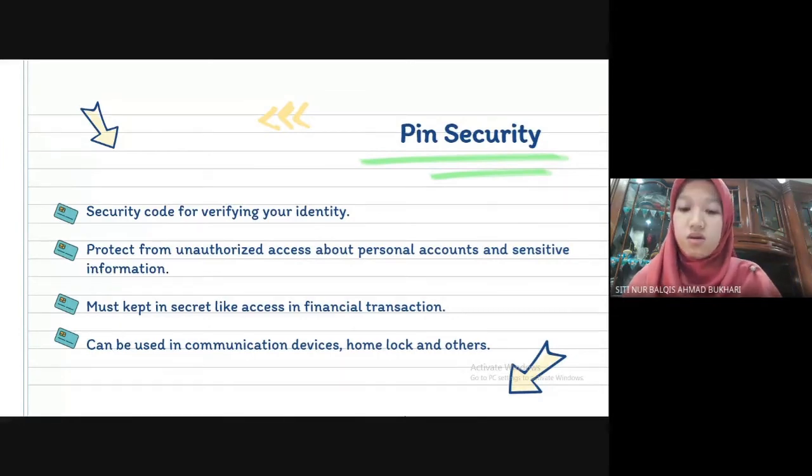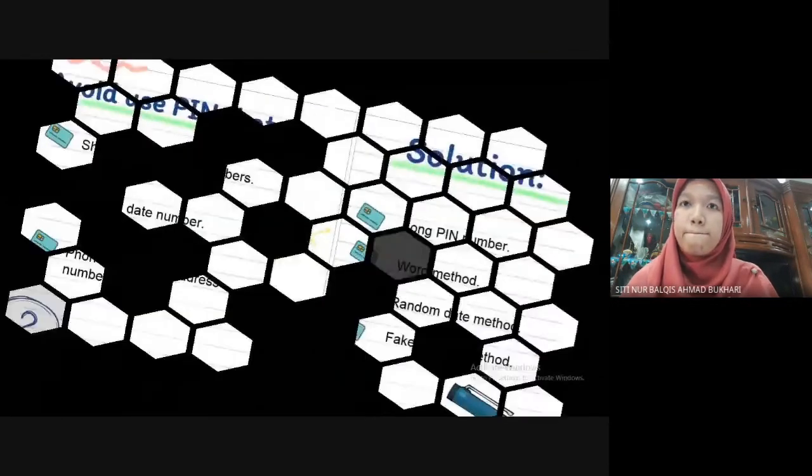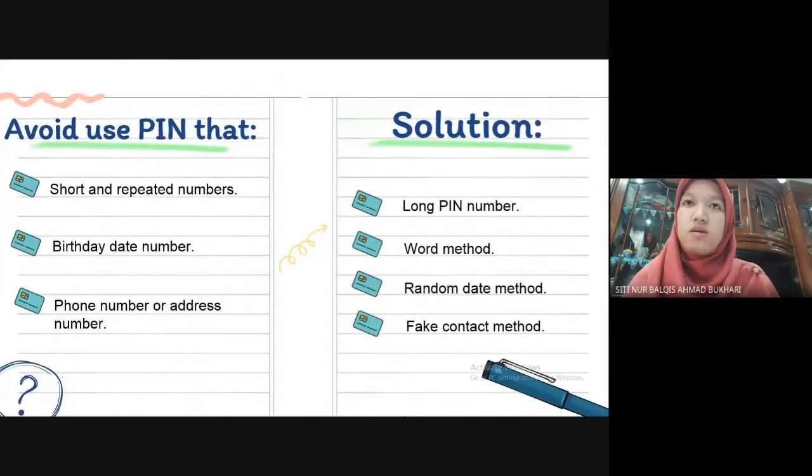Okay, seterusnya adalah pengguna ni kena elak daripada menggunakan PIN yang short and repeated number. Maksudnya short tu 4 digit ataupun repeated number tu seperti nombor 000 ataupun 123 4321, dan pengguna perlu elak daripada menggunakan tarikh hari lahir, lepas tu phone number and address number.